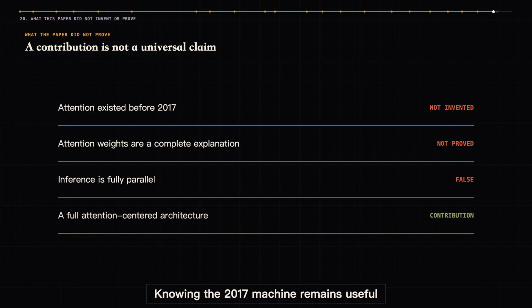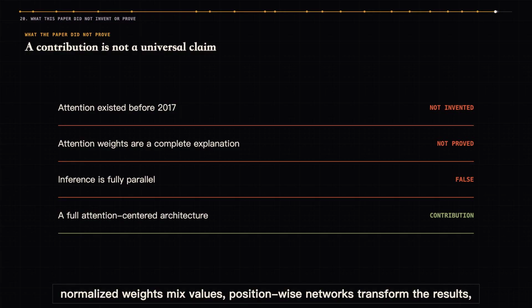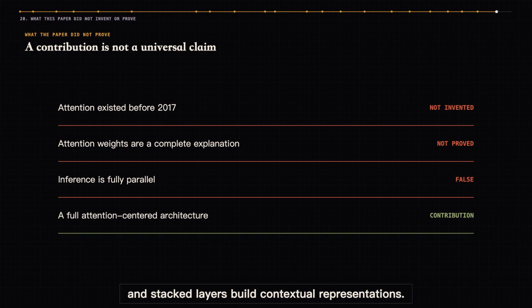Knowing the 2017 machine remains useful because its central data flow is still recognizable. Token vectors enter learned projections, queries score keys, normalized weights mix values, position-wise networks transform the results, and stacked layers build contextual representations.